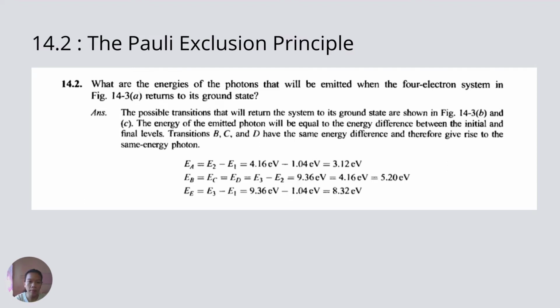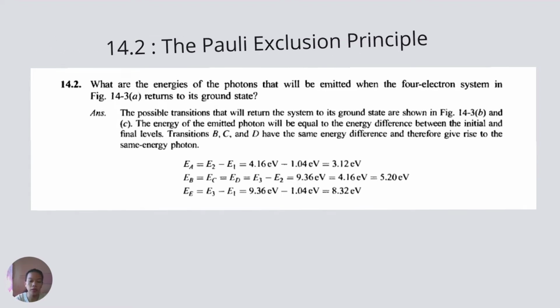This means that when the energy level goes down from the highest energy level to the lowest energy level, the energy of the emitted photon will be equal to the energy difference. So the energy for E2 minus E1 equals EA, and here we get 3.12 eV. The formula used is the same as in the previous question. We just substitute the values and we get the energy for all the transitions, where EA equals 3.12 eV, EB equals 5.20 eV, and EE equals 8.32 eV.